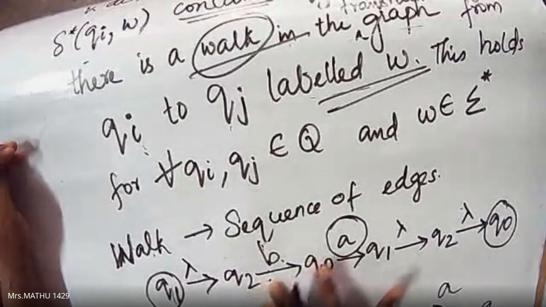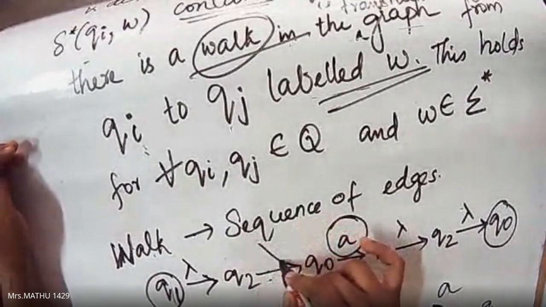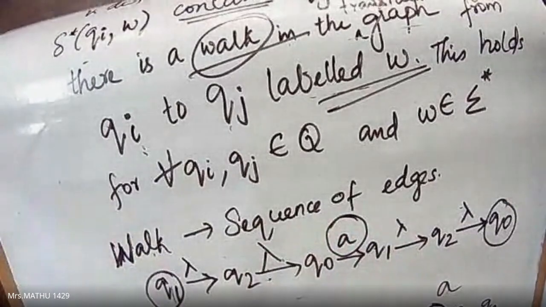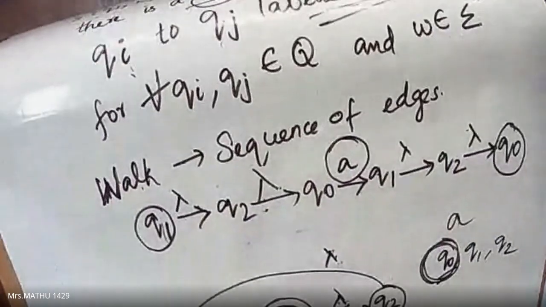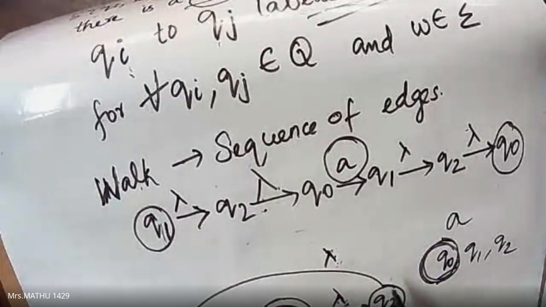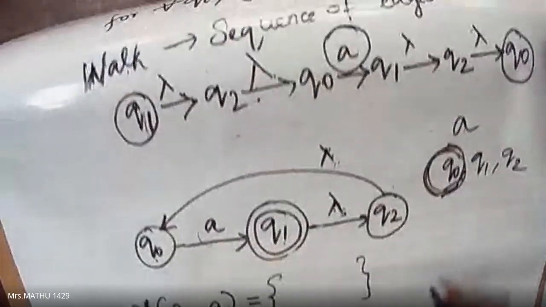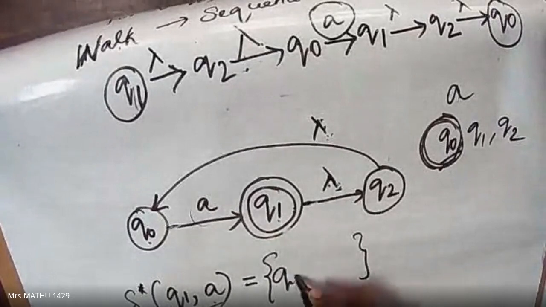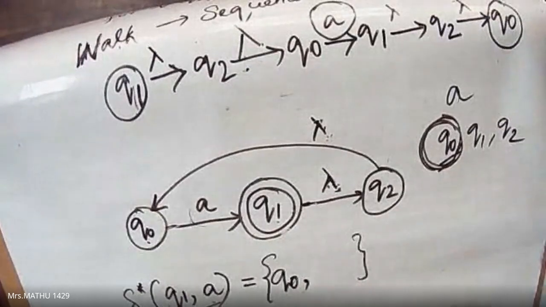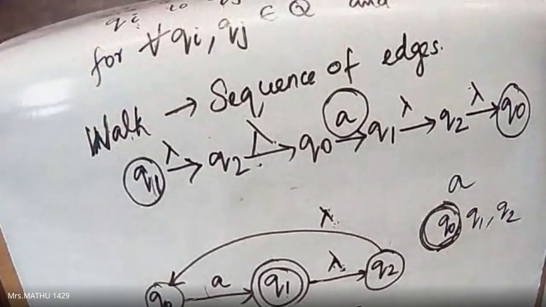You can use the lambda edges any number of times to have this kind of walk. So it is possible that from Q1 you are able to reach Q0 by reading input symbol A, so we add Q0 to our output states.